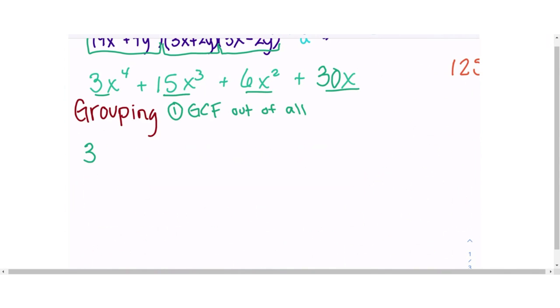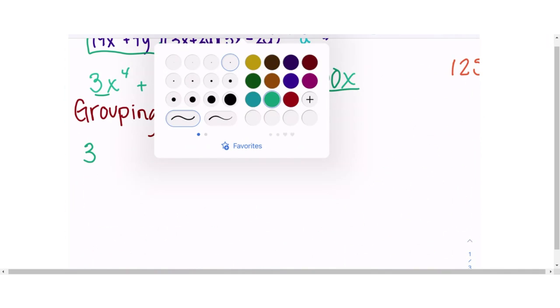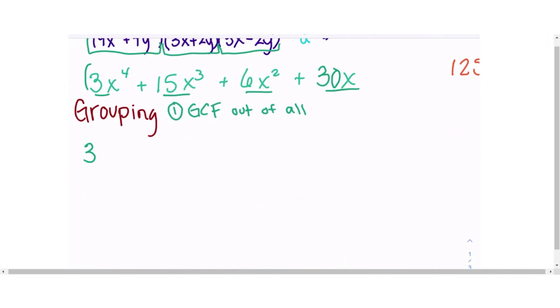I can see that 3 goes into all of them and also x. So then I would be left with x to the third plus 5x squared plus 2x plus 10.